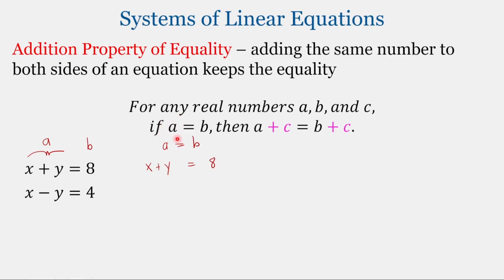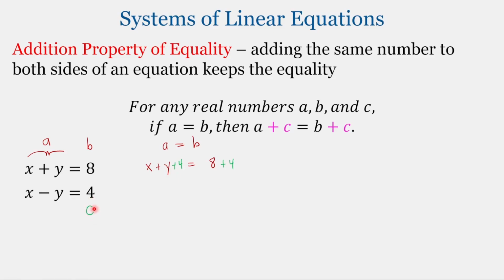So for this property, we have the a equal to b part. Well, how about the c? Looking at this second equation, we could say that 4 is c. So if we set c equal to 4, then we're going to add 4 to both sides of this equation. That's valid, but it doesn't really get us anywhere.